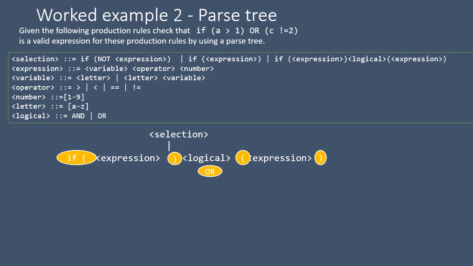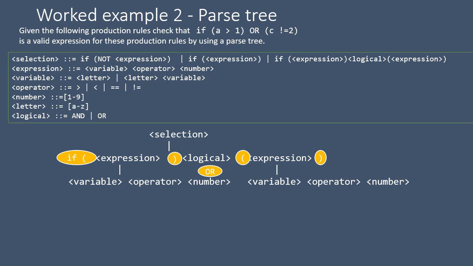Next thing we can do is, because we have the logical expression here as well, which is either an and or an or terminating symbol, we can also identify the or at this stage. Next we take our expression, and that's made up of variable, operator and number. We have two of those expressions that we need to pull apart a little bit.